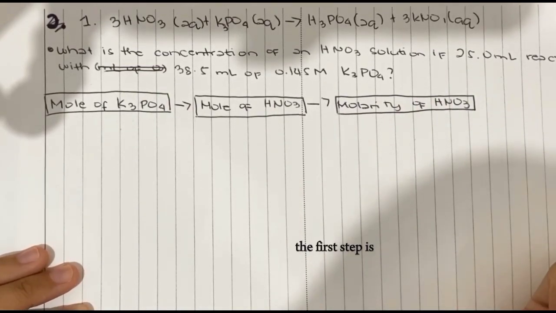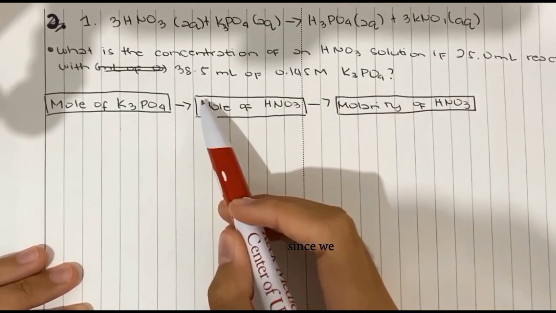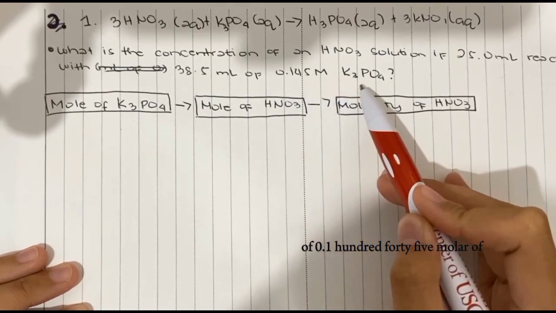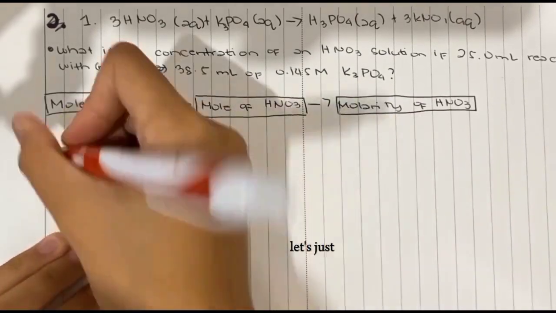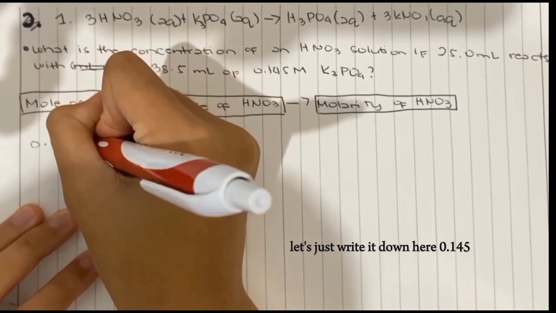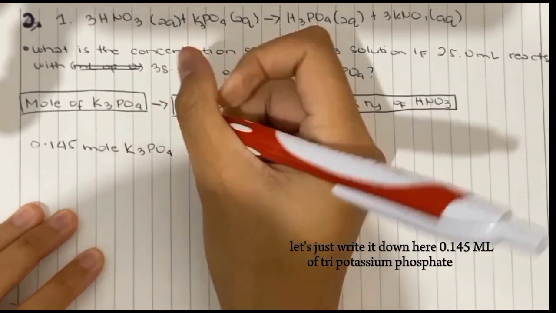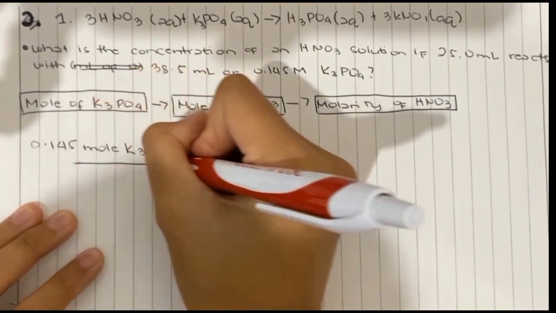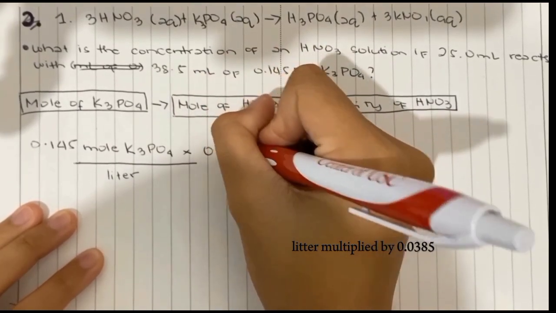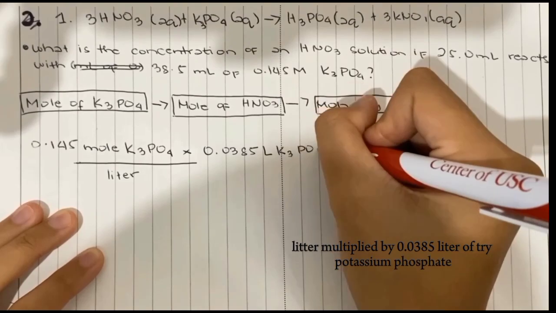The first step is to get the number of moles of tripotassium phosphate. Since we already have the given of 38.5 ml of 0.145 molar tripotassium phosphate, let's just write it down here. 0.145 mole of tripotassium phosphate over liter multiplied by 0.0385 liter of tripotassium phosphate.